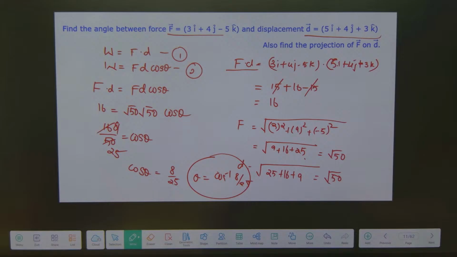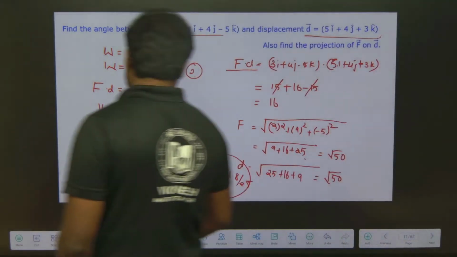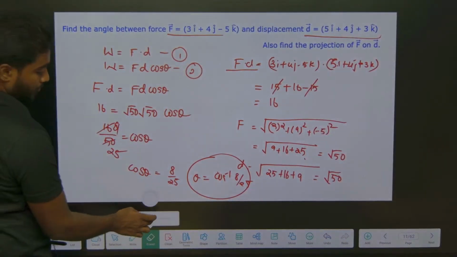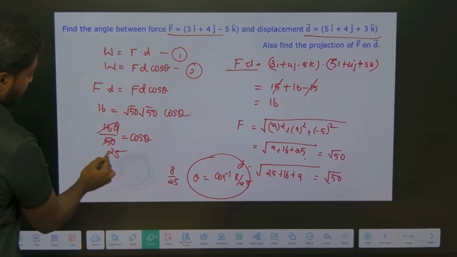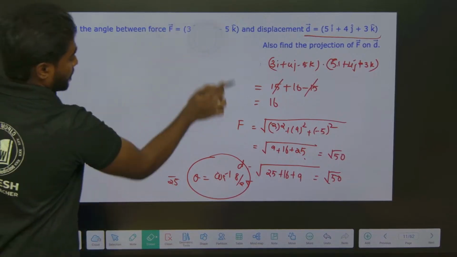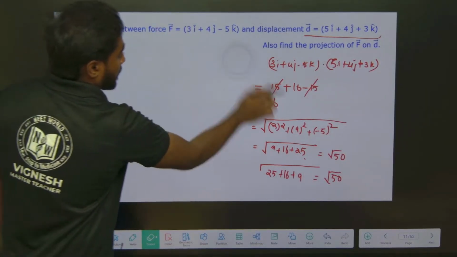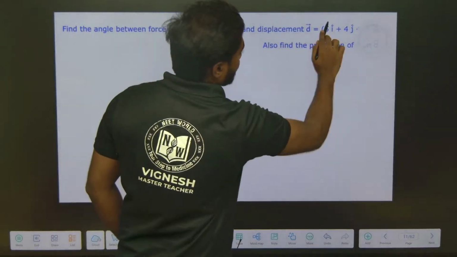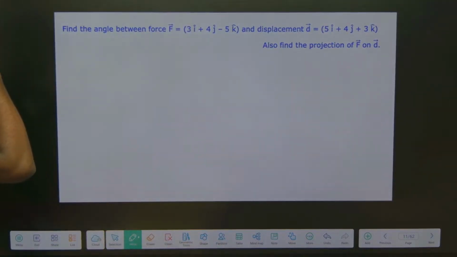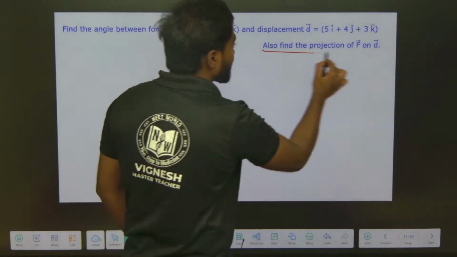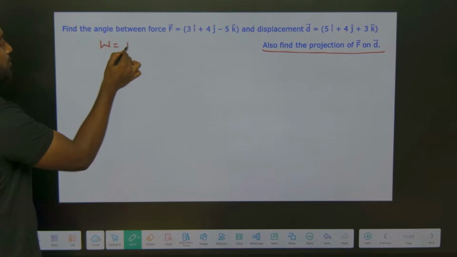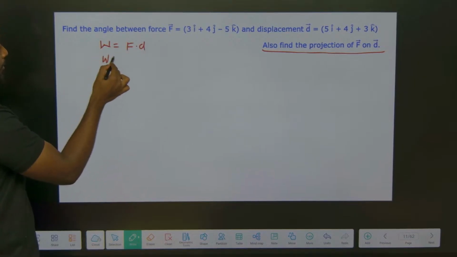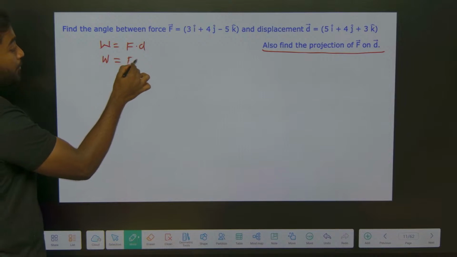We'll go for the next one. Okay, so listen, now I need to find the projection of F on D. Same formula: W is equal to F dot D, and W is equal to F D cos theta.